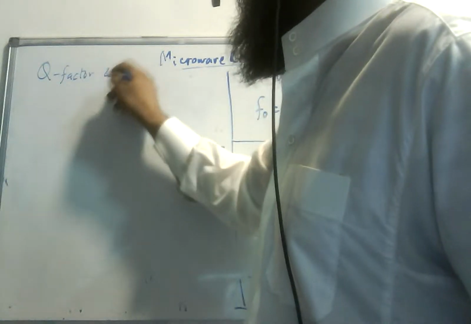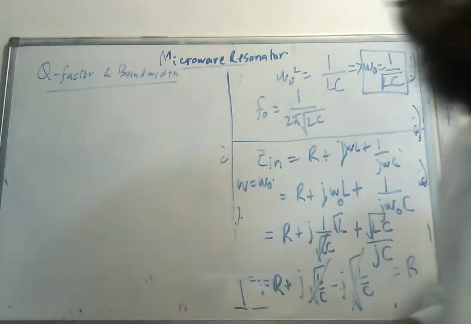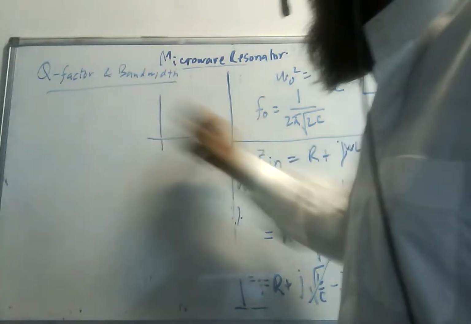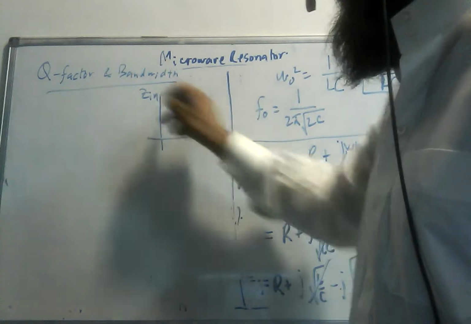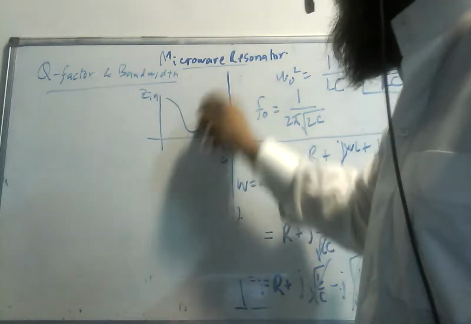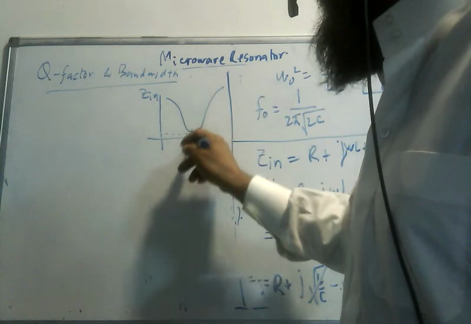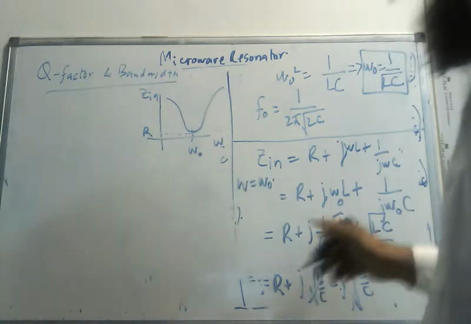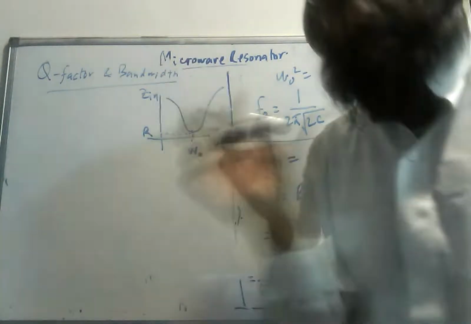So let us first look at what is actually the bandwidth. So what I want to do here is, this is my input impedance with frequency. So I have an impedance like this at the resonance frequency. So at omega naught, this becomes R. Now the bandwidth is the width of this resonance.